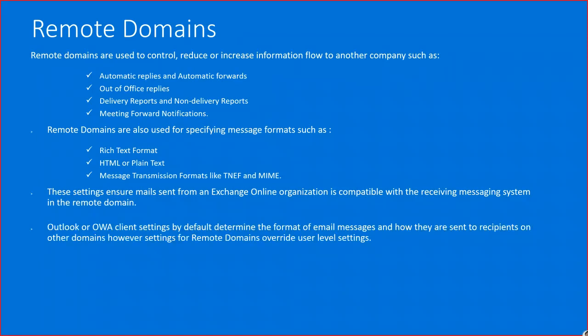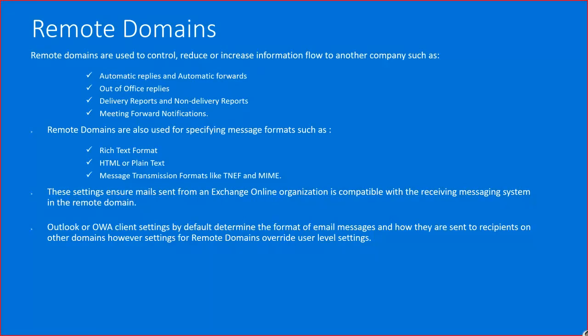The format of a message primarily is controlled at the client level. So the user has the option to select how the message should be displayed and how the message should be sent out using the client configuration option. Outlook and OWA clients by default determine the format of email messages and how they are sent to the recipients.